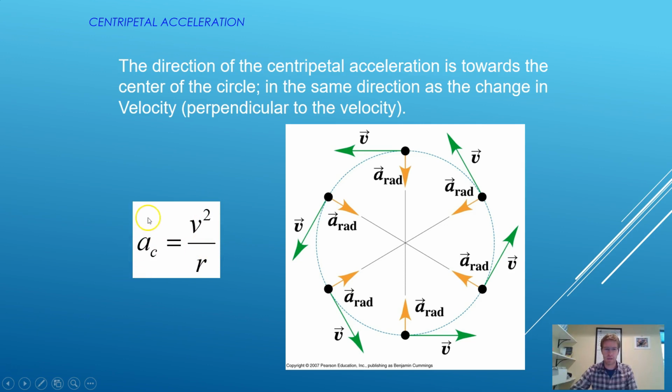So what that means is there's greater acceleration if you're going faster, and there's greater acceleration if your radius is smaller. And you can see that, right? Again, if you're swinging an object, the faster it's going, the more tension you can feel in the rope, and also the smaller the circle, the tighter the circle, the more tension you're going to have as well.